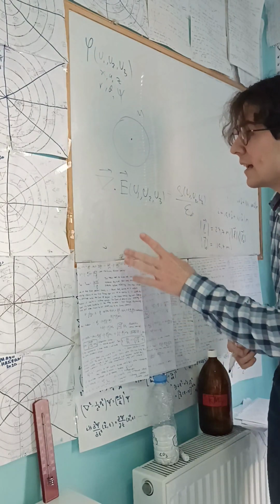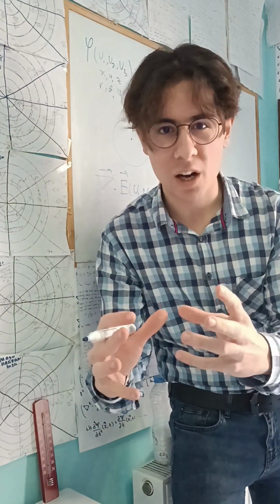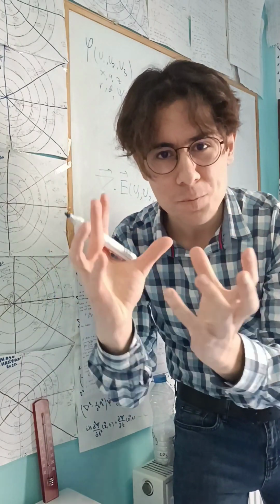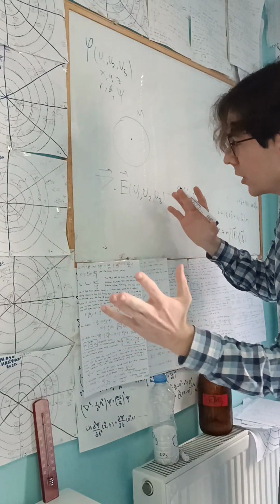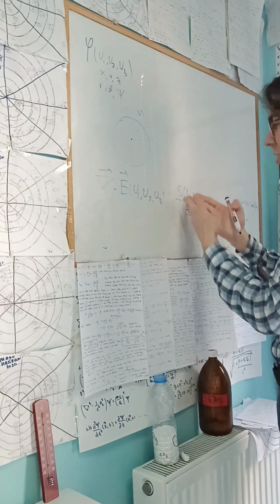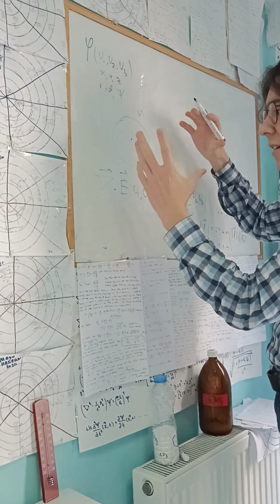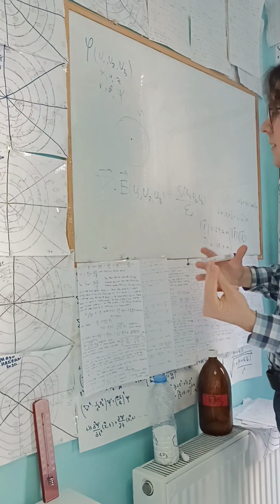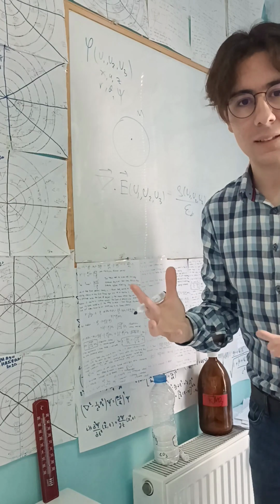Which means that the electric field is caused by the presence of the charge in that given enclosed space. Okay? If there's no charge inside of this sphere, it can be a cylinder or maybe a point, doesn't matter, then there shouldn't be any electric field, right?